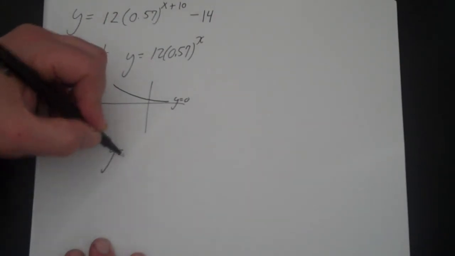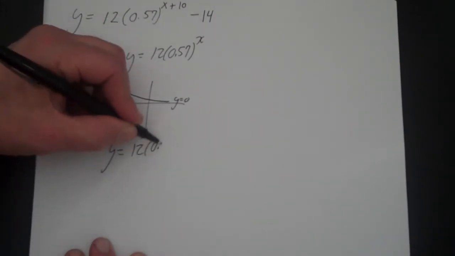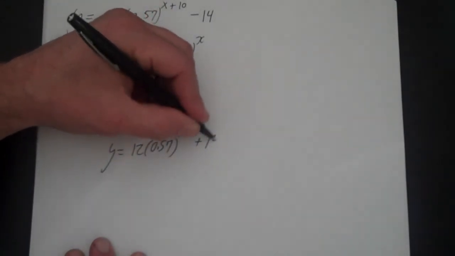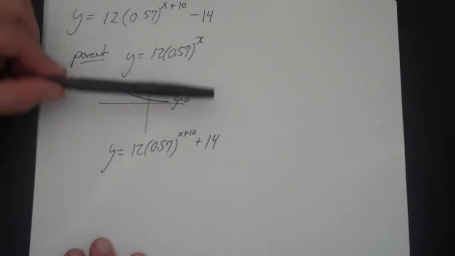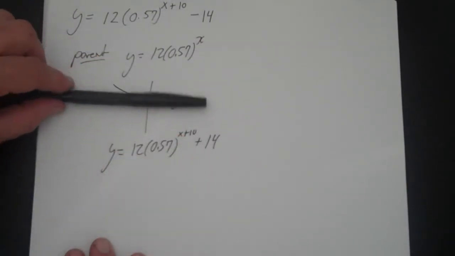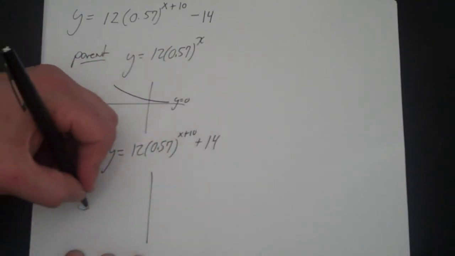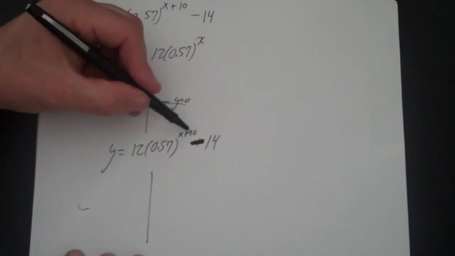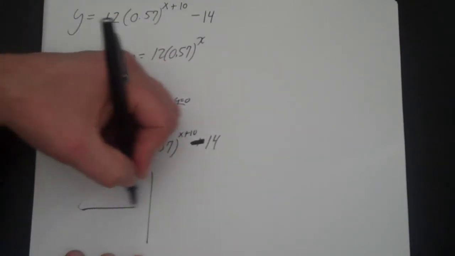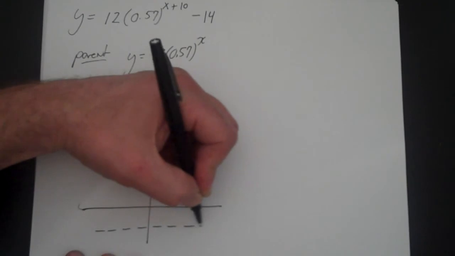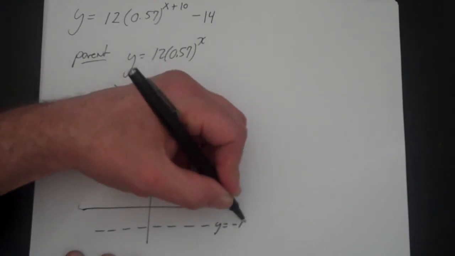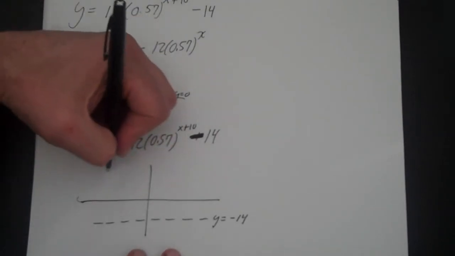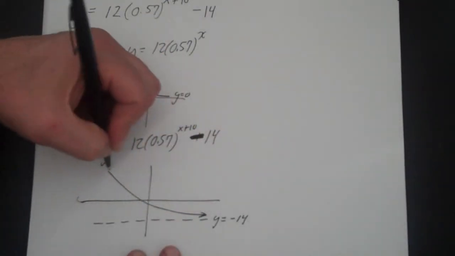When we shift it around, you have to see what happens to the asymptote. The 10 doesn't affect the asymptote, the 14 does. The new asymptote is at minus 14, my mistake. The graph essentially remains more or less unchanged.